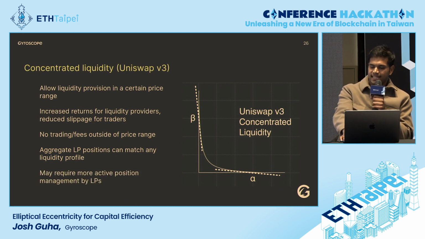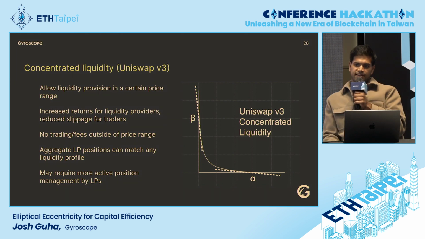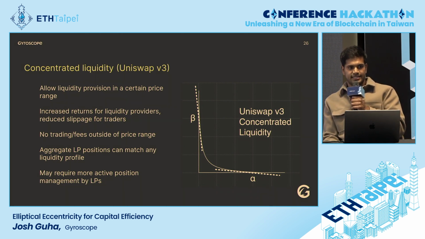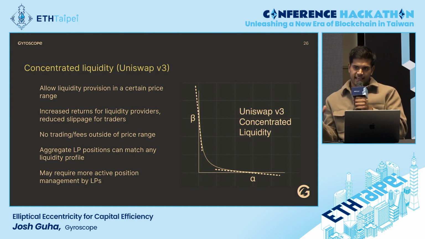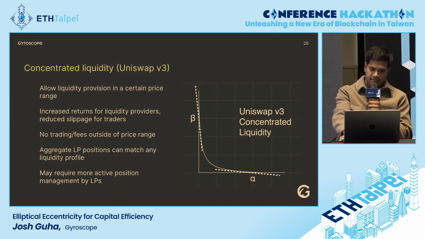The issue is that this active position management introduces complexity which the average DeFi user may not be able to or may not desire to handle. And also, since liquidity provider positions in Uniswap v3 are unique, users are given an NFT instead of an ERC20 LP token. So fees are not automatically fed back into the pool, and therefore they don't compound automatically, as with the previous AMM designs.